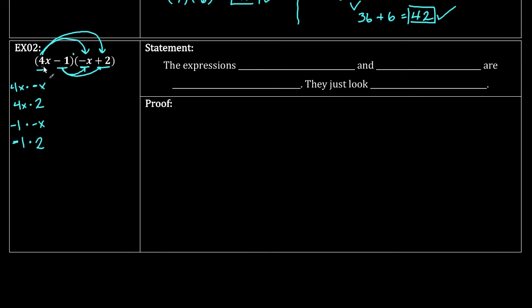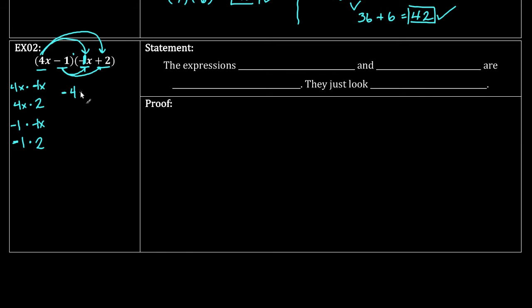Now, to make things easier, remember that if you don't see a number here, that's a 1. So I'm going to put the 1 here, here, and here. Okay. So a positive times a negative is a negative. 4 times 1 is 4.